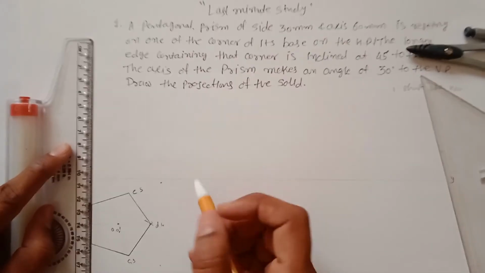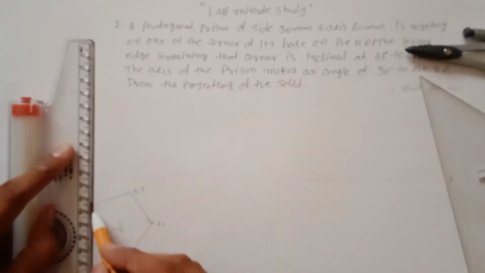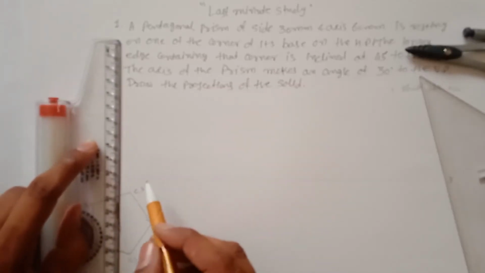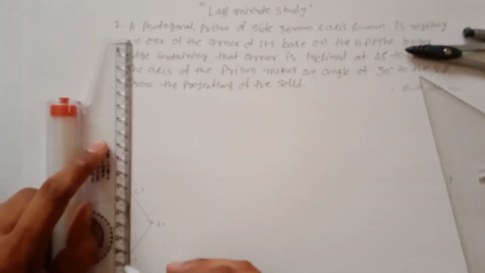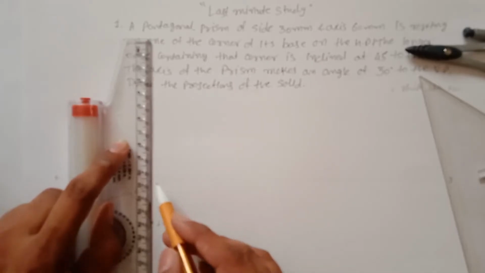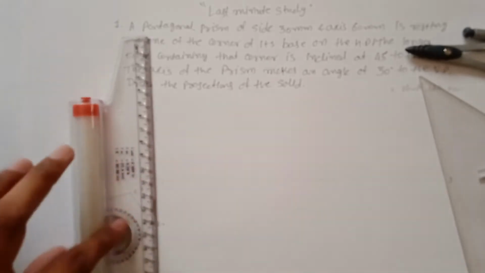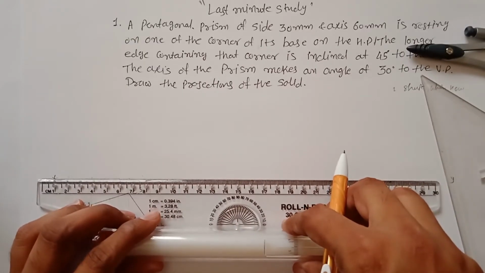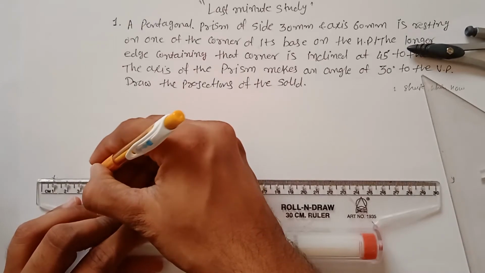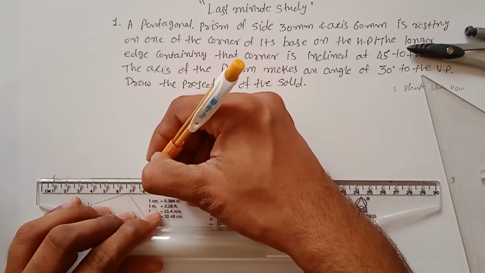For the projections, just extend these lines on XY. Your C and E points must lie on the same line. The front view of this solid is a rectangle. So complete the rectangle, and the axis height is also given to you, which is 60 mm.